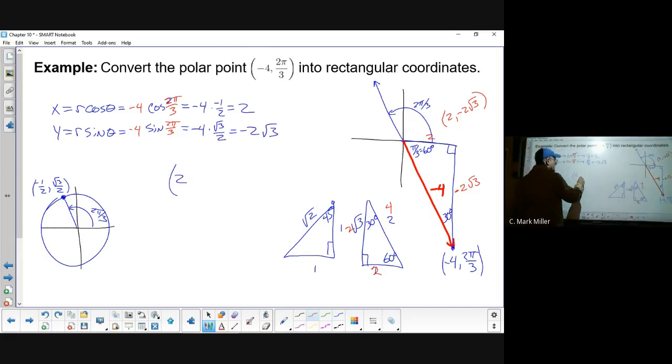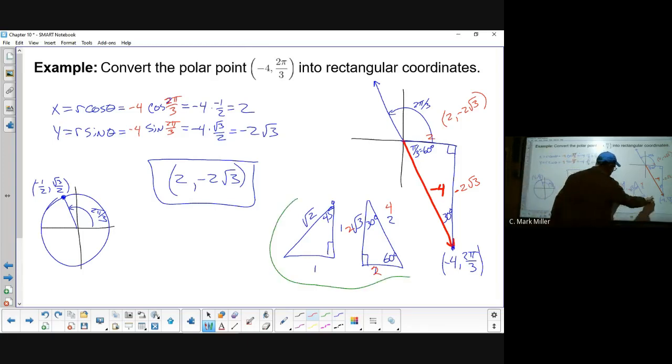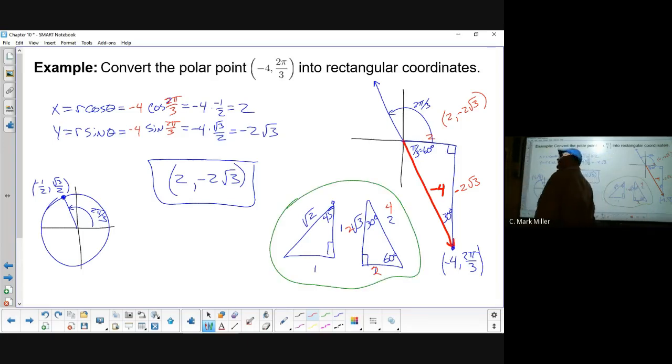So we have 2, minus 2 square roots of 3 for our answer. We got the same thing either way. One of them was without using the formulas we had before. But these are very important to know.